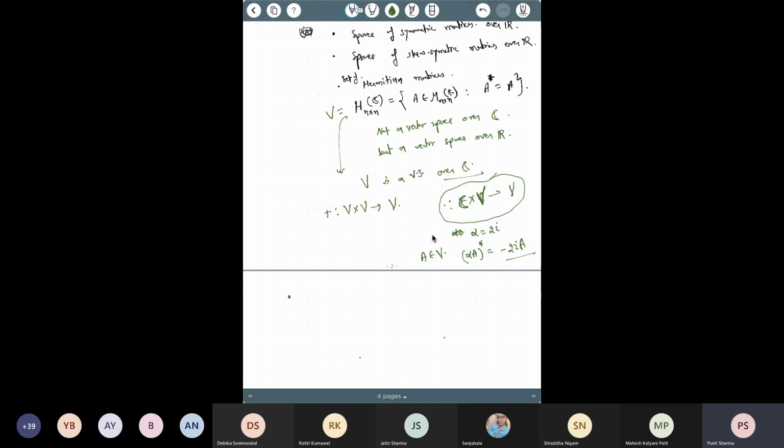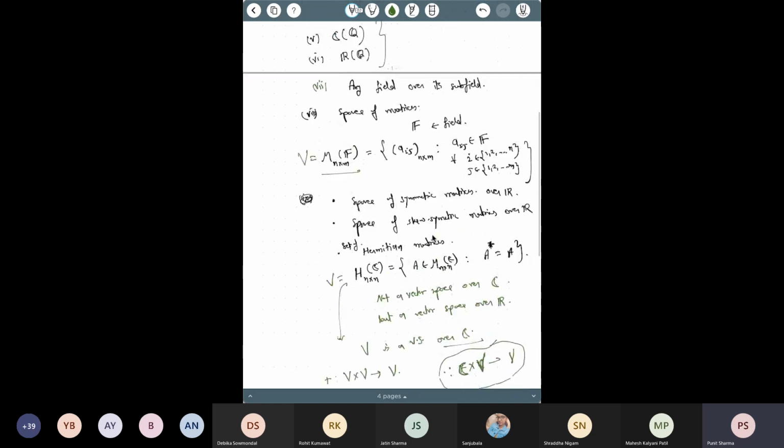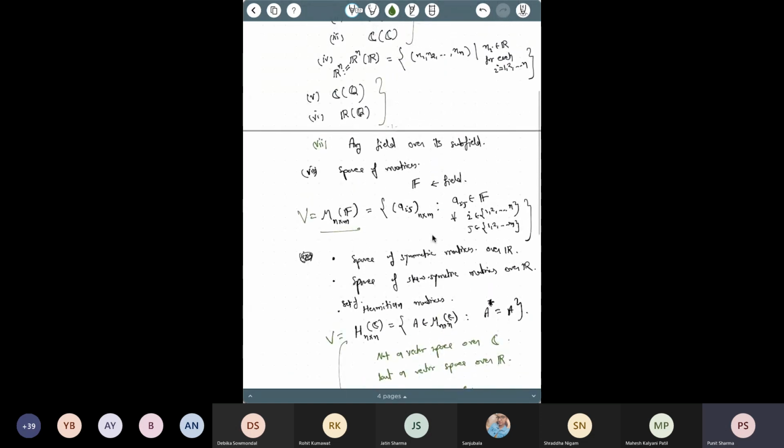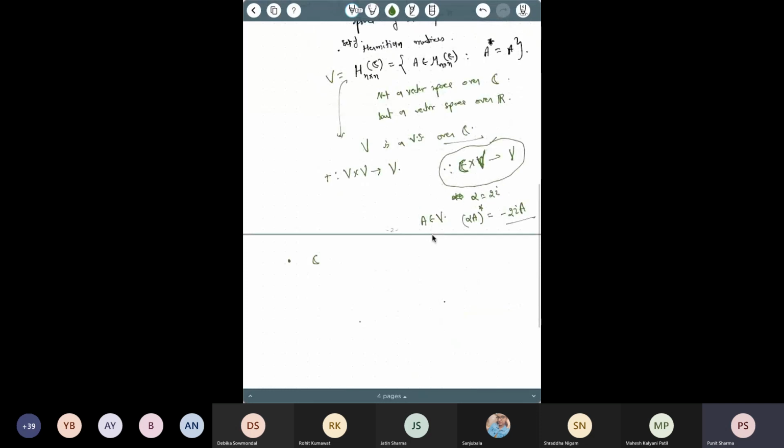Like you have talked about Rn, we can also define Cn over C. This Cn I will use for this vector space Cn over C, and what it is is the collection of all these n-tuples (z1, ..., zn), where each zi is coming from C. So this is a vector space over C.